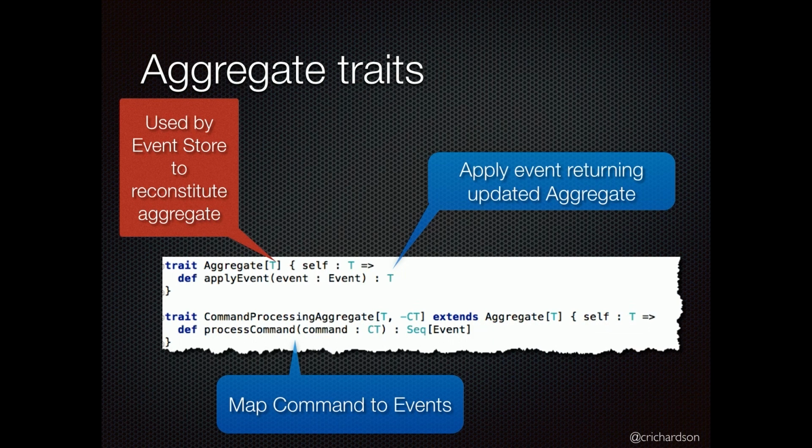That can be used in both a functional case where it returns an updated copy of the aggregate, and an in-place update approach where it simply returns this. And then there's a command processing aggregate that extends aggregate and adds the ability to process a command. So there's a process command method that takes a command and gives you back a sequence of events.